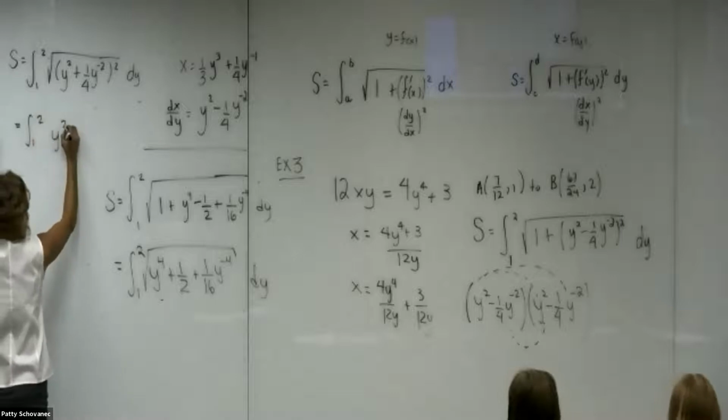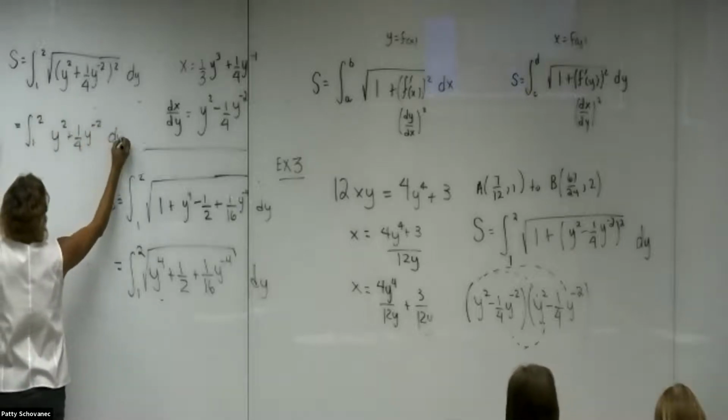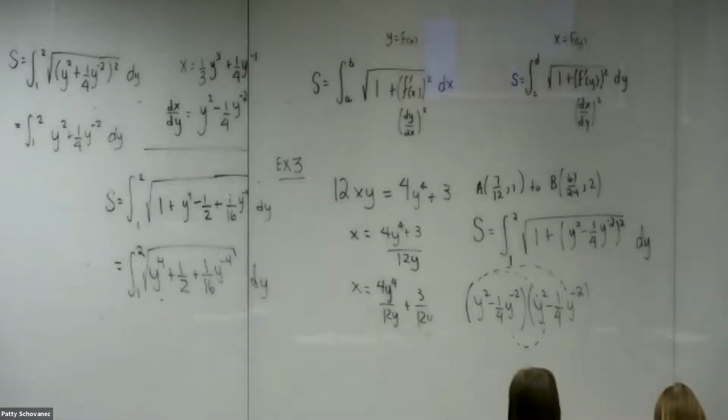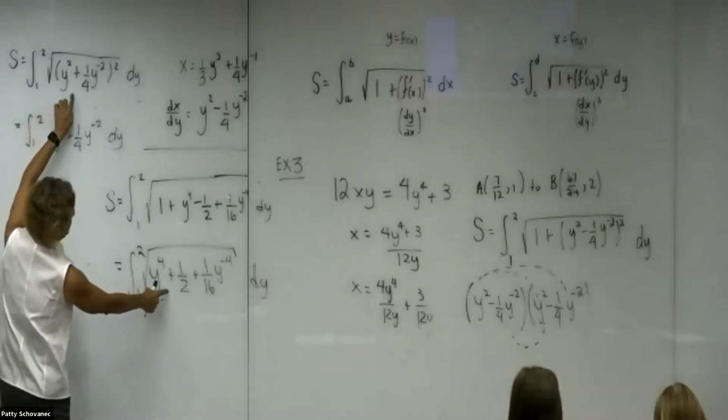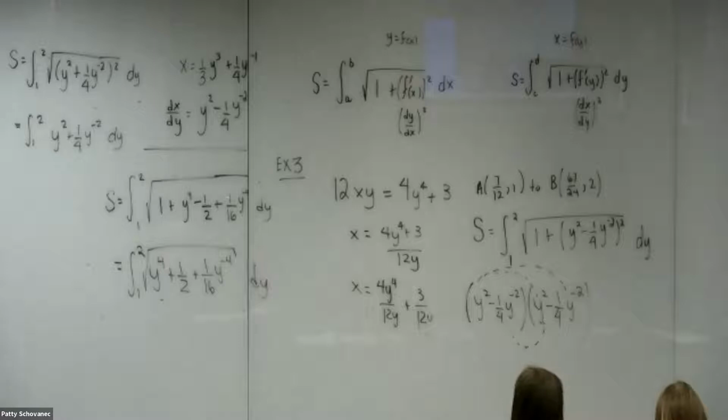We got y squared plus 1/4 y to the negative 2 without a square root now, dy. So that was the magic. That's what you had to be on your toes for. Not really magic, it's algebra.